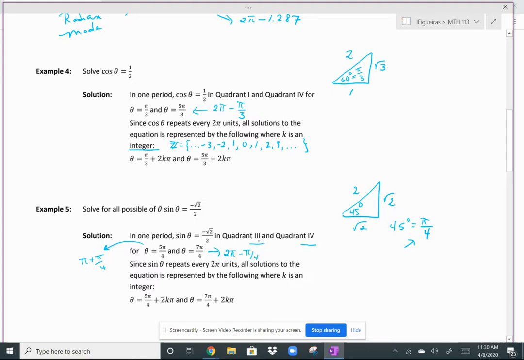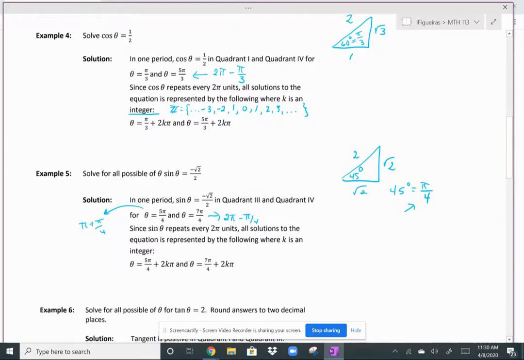And again, if we want to represent it for every possibility, every oscillation of the graph or every turn around the circle, then we have to add 2k pi units to both of those angles to get these infinite number of solutions, 5 pi over 4 plus 2k pi, or 7 pi over 4 plus 2k pi, again, where k is an integer.